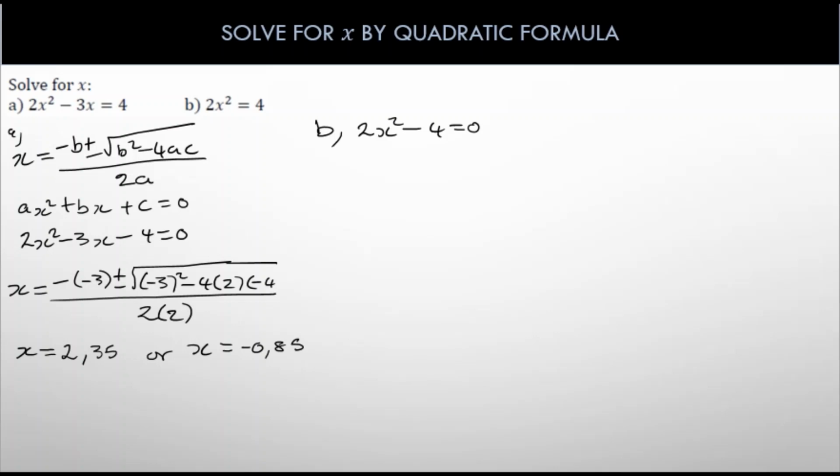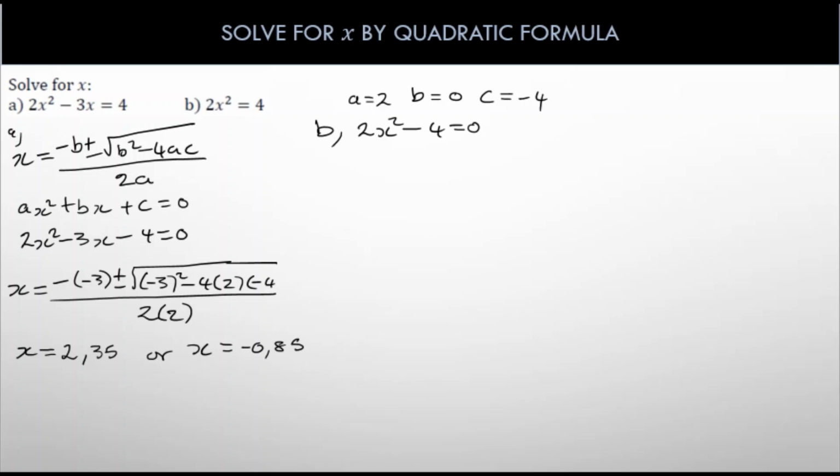Now if you notice, this is not a trinomial. What this means is that a is equal to 2 because it's the coefficient of x squared, and because there's no value with a coefficient of x, then now b becomes 0, and then c is equal to negative 4.